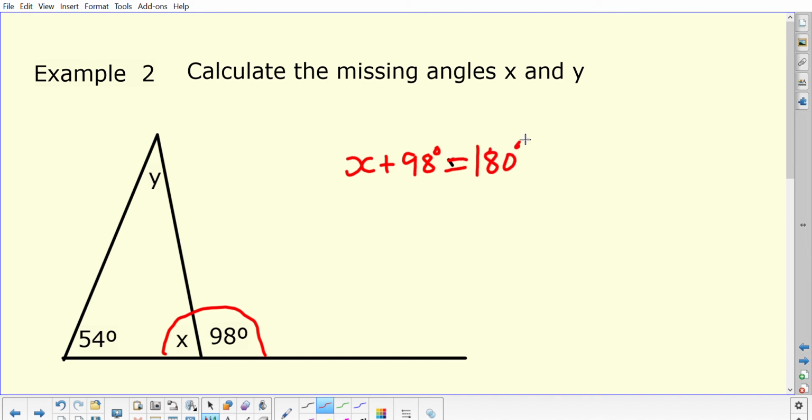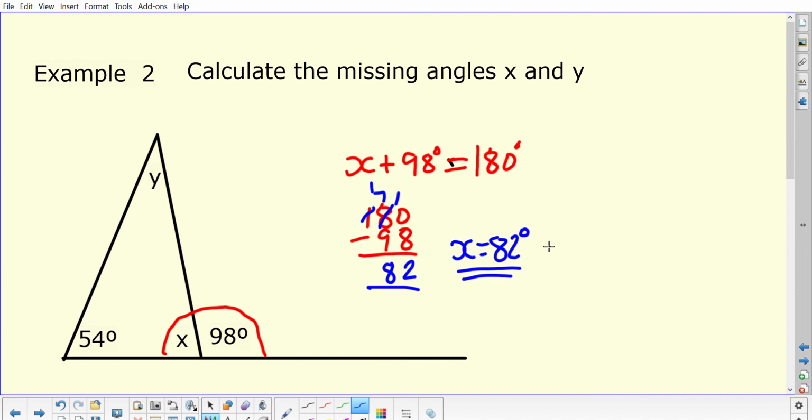So if I do 180 and I take away the 98 from there, I will be able to work out that I've got 82 degrees left, which means that's the size for angle X. So there's the first one worked out.